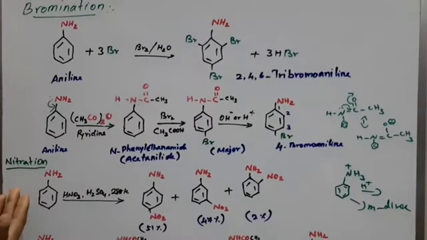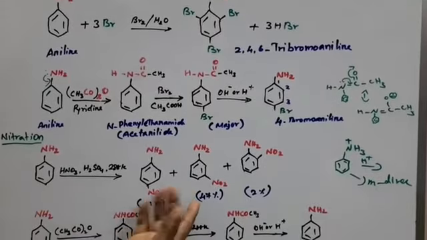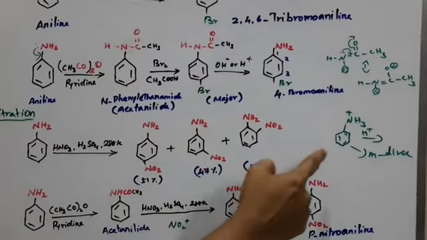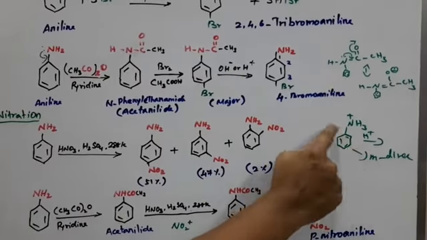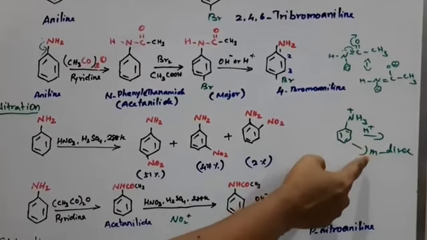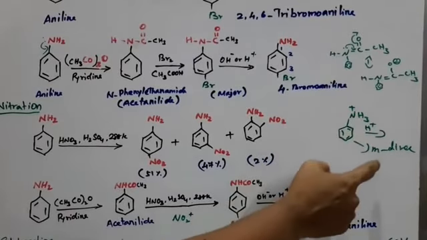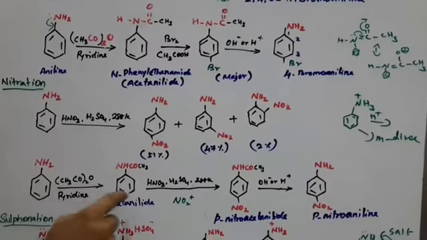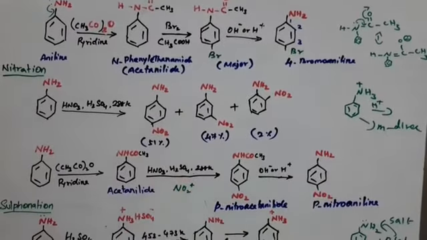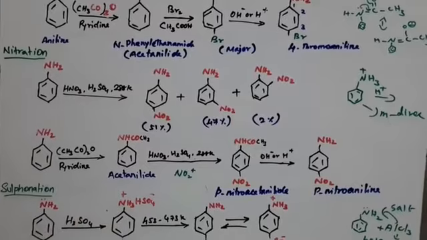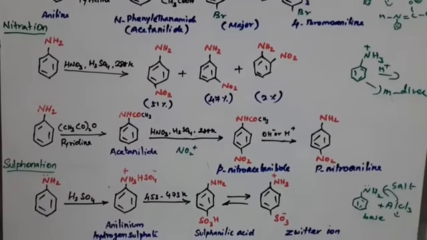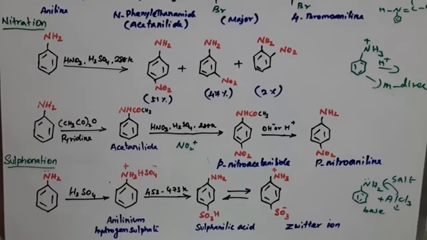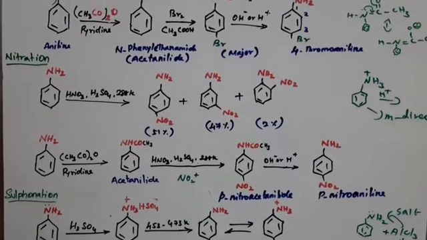Also in nitration, the meta product is formed because aniline is a base that sometimes acts in acidic medium to form the meta directing anilinium ion. So deactivate the aniline, and then we can get the mono substituted product. Sulfonation is also the same thing. And at last, Friedel-Crafts reactions do not take place. That's all, children. Okay, thank you.